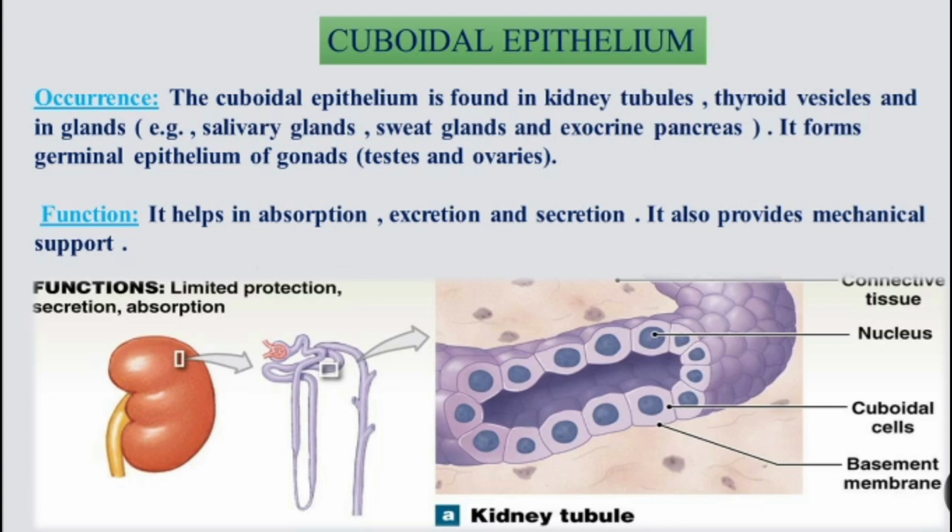It also provides mechanical support. These functions, secretion and absorption, occur in the kidney tubules inside the kidney. You can also see in this picture the cube-like structure and the basement membrane.